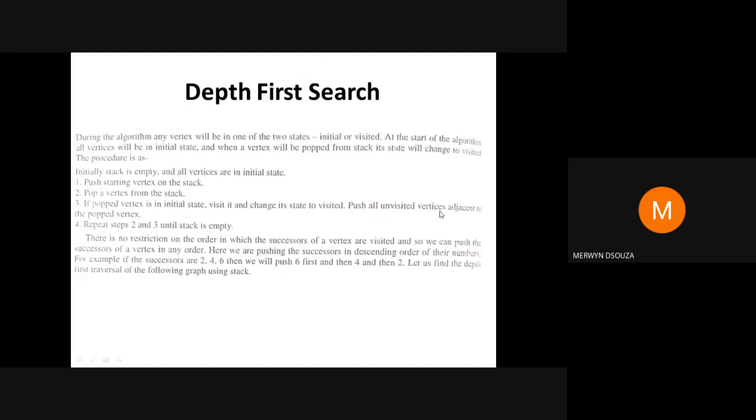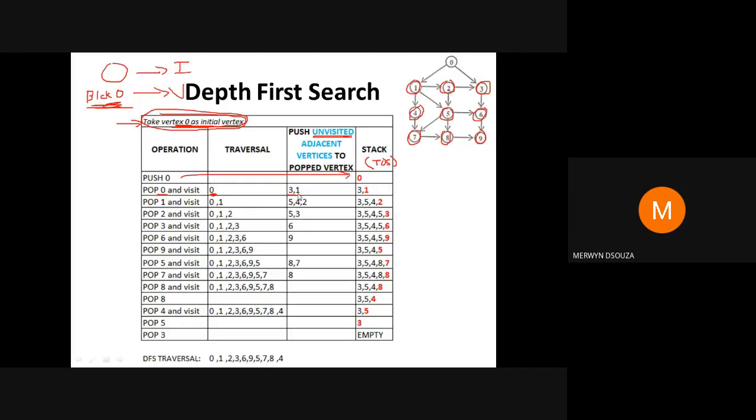And we push all the unvisited vertices onto the stack. You check 1 and 3. Since they are in the initial state, you push them onto the stack. First you push 3, then you push 1. When you push 1, it is the top of the stack. Therefore, among both these values, since 1 is the top of the stack, I made 1 red, just to help you understand.